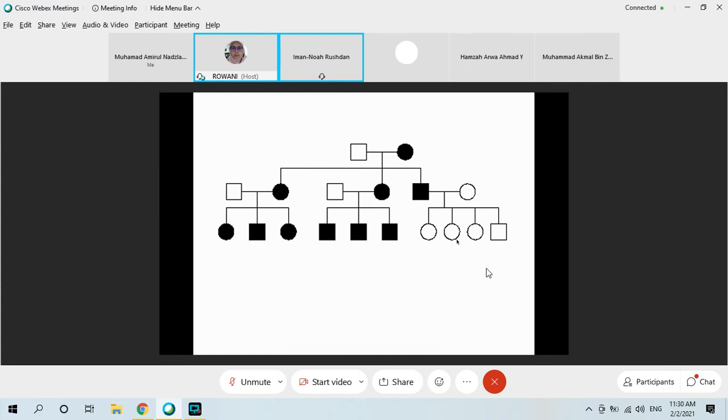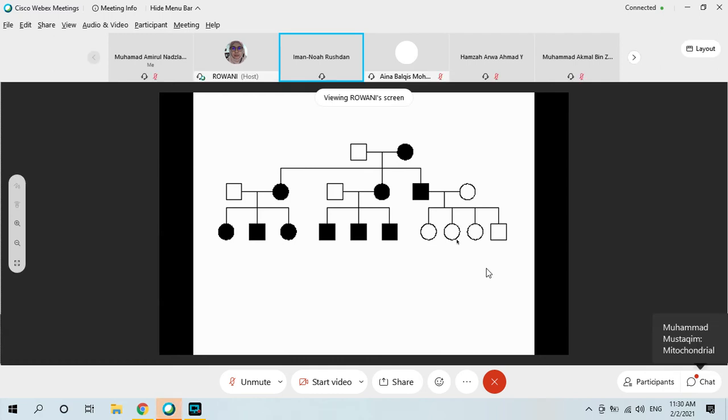What about autosomal dominant? Is it possible? Yeah, it is possible, because in autosomal dominant, if you have the disease, the chance of transmitting it to a child is only 50%.